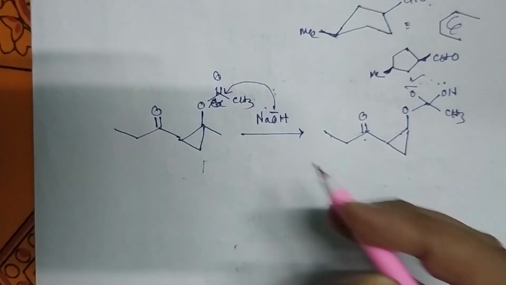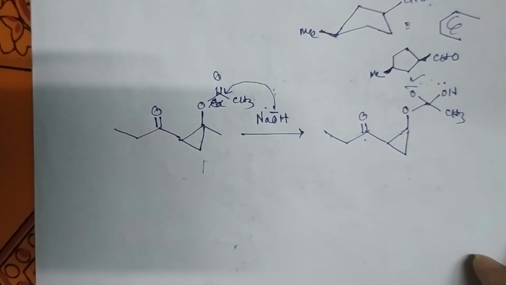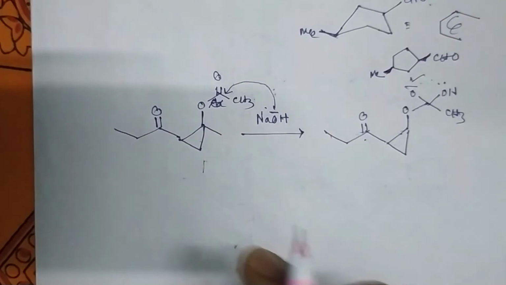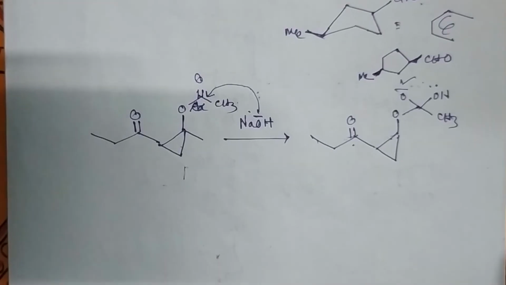So why do I attack this center? Even if you attack this center, after the attack of the nucleophile there will be no fate for that reaction, because it just attacks the carbonyl center, O minus forms, and after that nothing happens. So even if that center has a higher susceptibility towards nucleophilic attack, there won't be any attack because there is no fate to that nucleophilic attack.